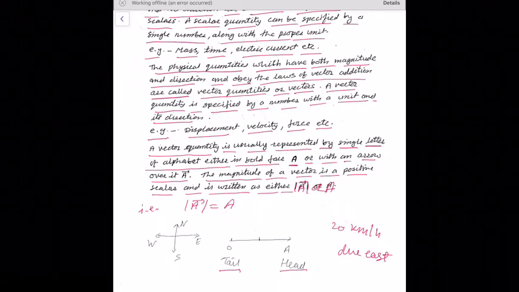If 1 centimeter is chosen to represent a velocity of 10 km per hour, a line OA 2 centimeter in length and drawn towards east with arrowhead at A will completely represent the velocity of the body.